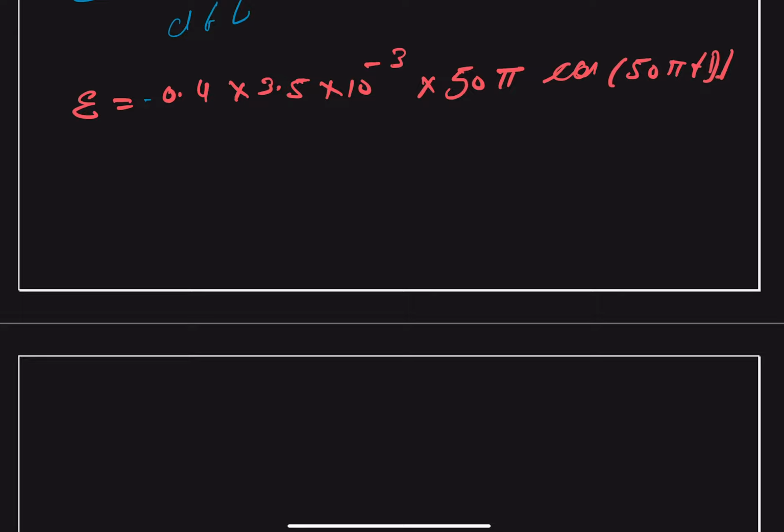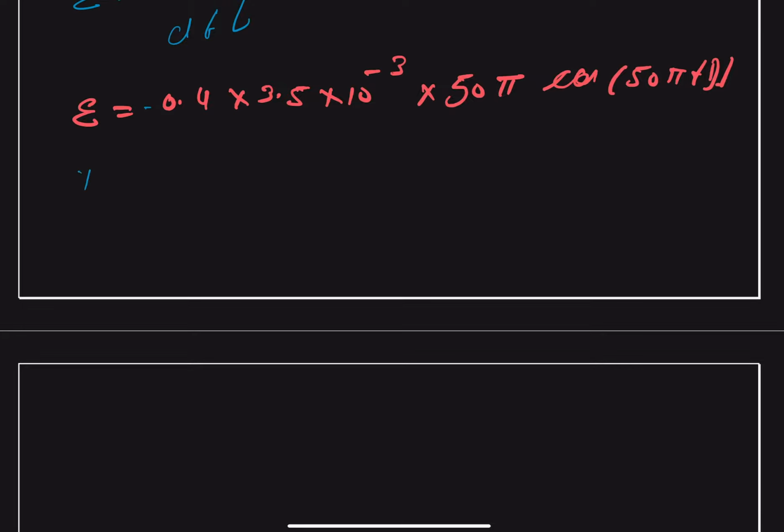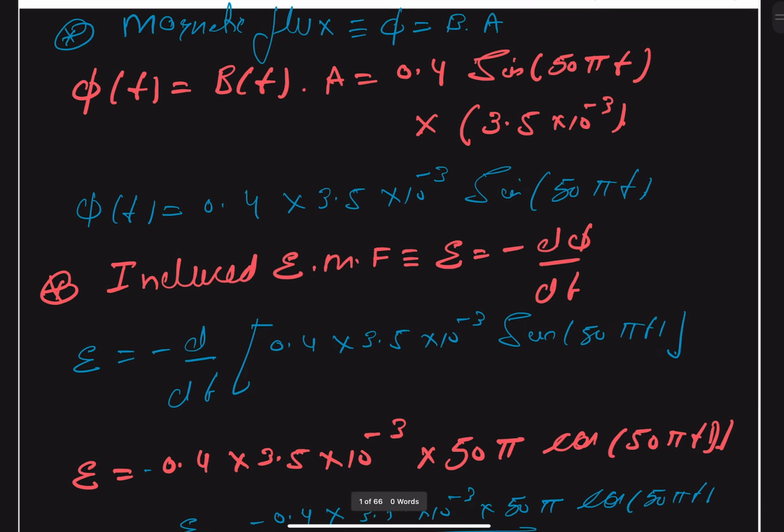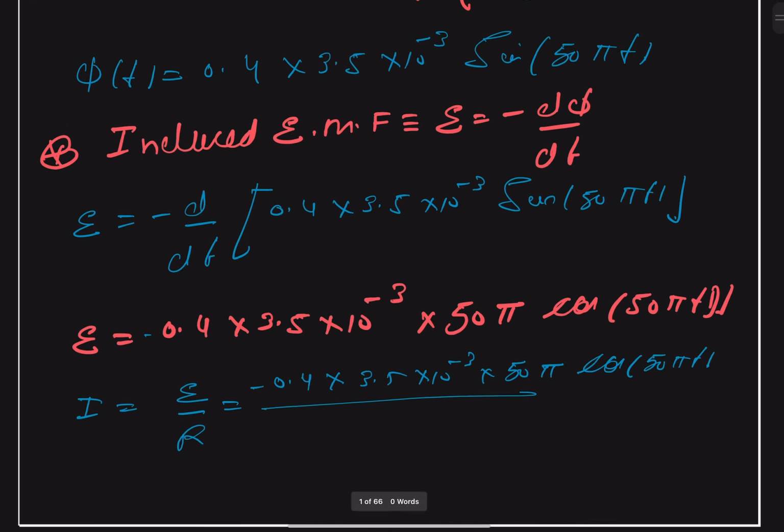And now we come to our current, and current is equal to E upon R, and this is 0.4 into 3.5 into 10 to the minus 3, and this is our 50 pi cos of 50 pi t, and resistance is given to us as 10 ohm.